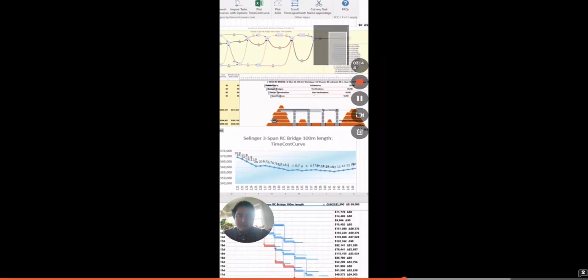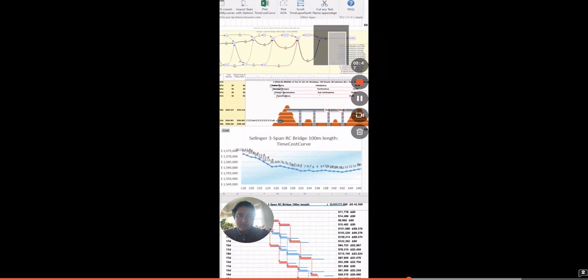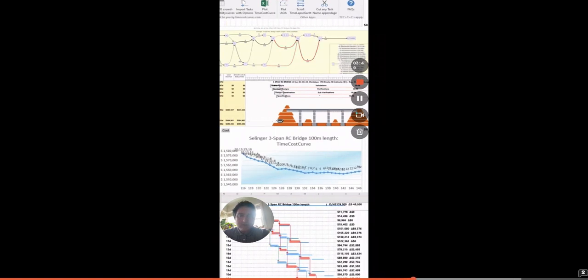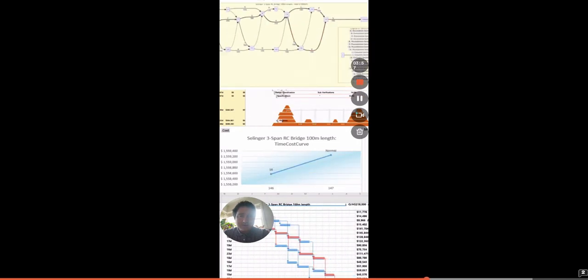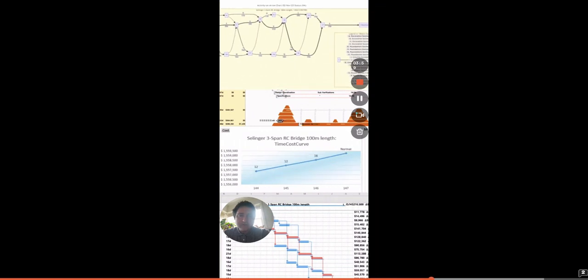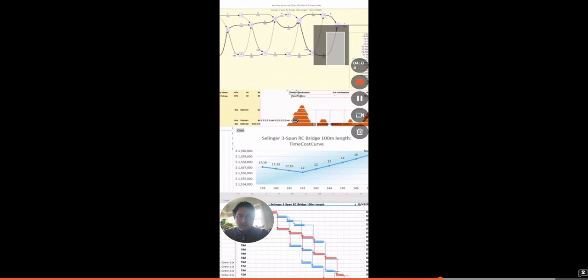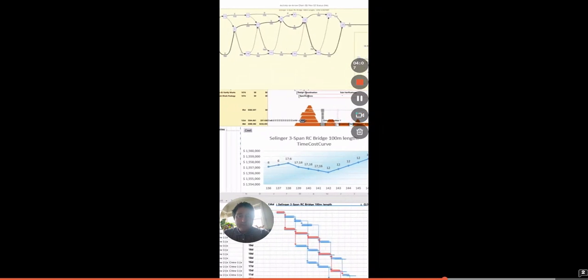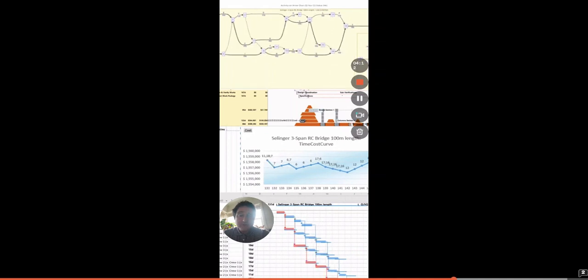So as you compress your bar chart, you will plot each schedule that is day by day 1 day shorter, and you're plotting that against cost. You can see least cost and least time there after the normal schedule. All of the above is based on the one single bar chart. You can see the critical path changing as you compress it.